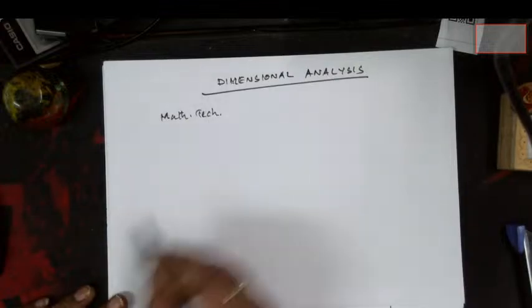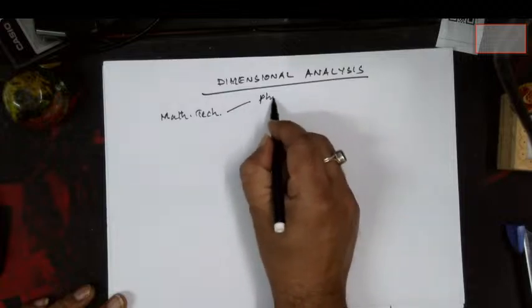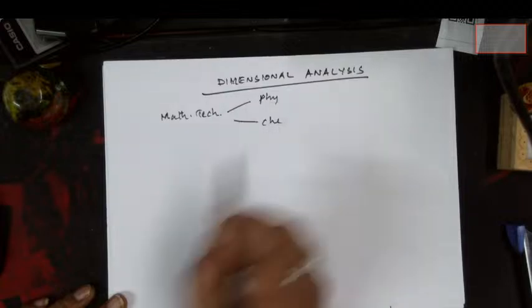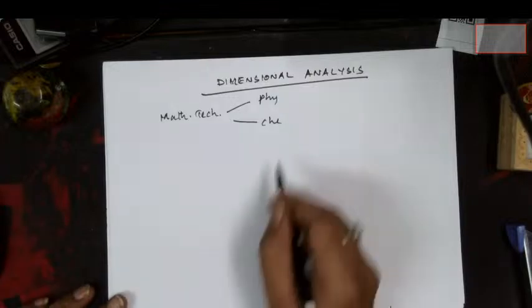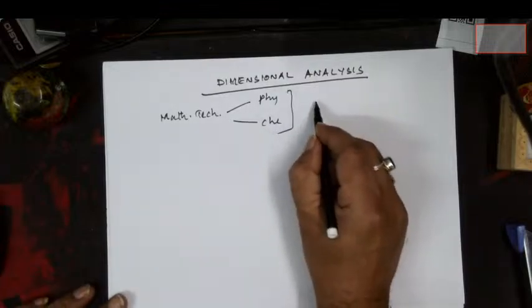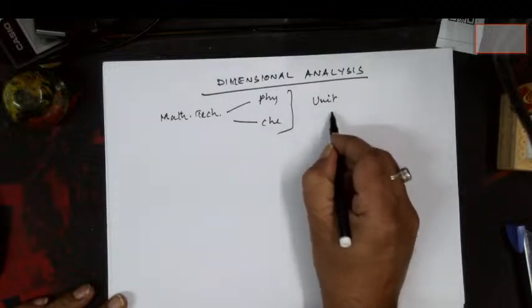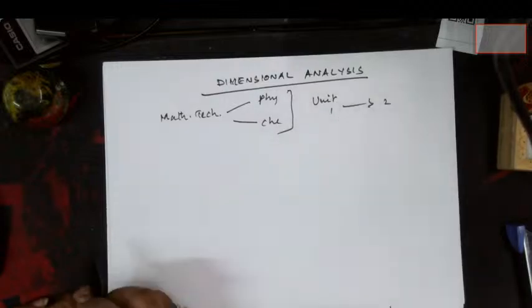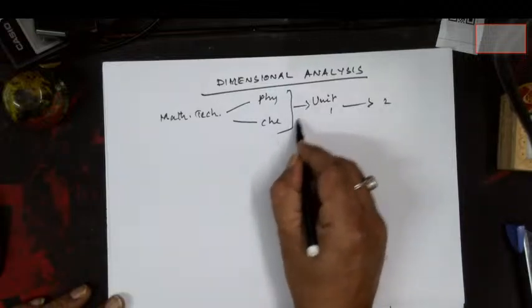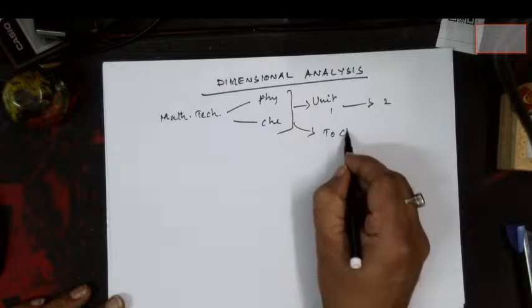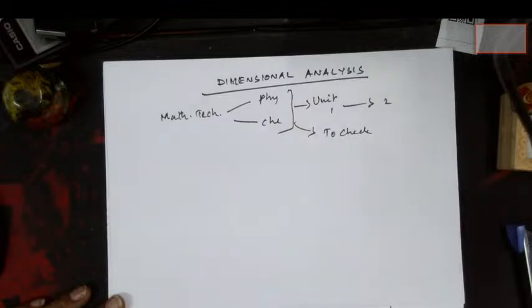It is used in physics as well as chemistry, especially to convert one unit to another unit, and also to check the correctness of an equation.